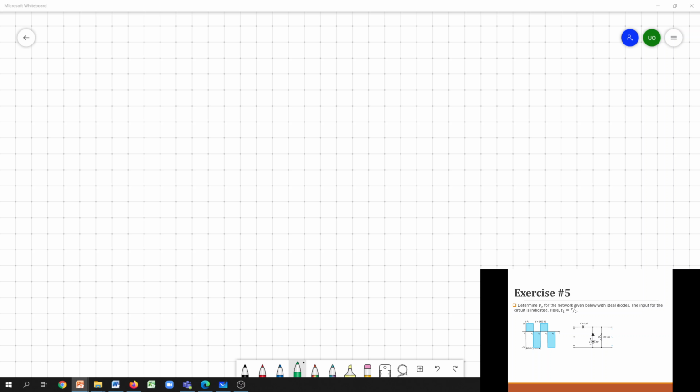So we will discuss one more example. I'm referring to exercise 5 in these slides. Here it shows a circuit having a capacitor and a resistor, a diode and a biasing source.